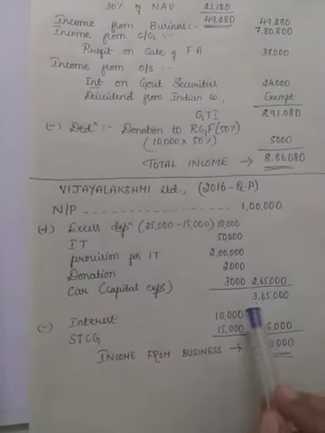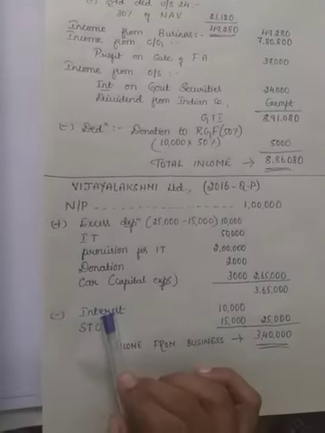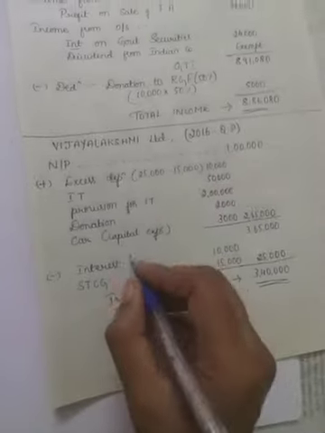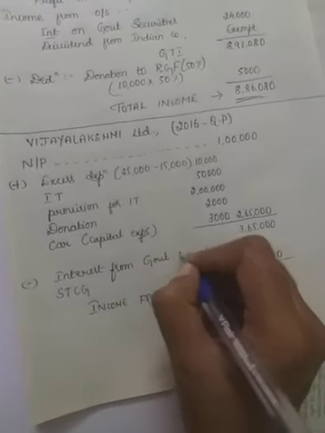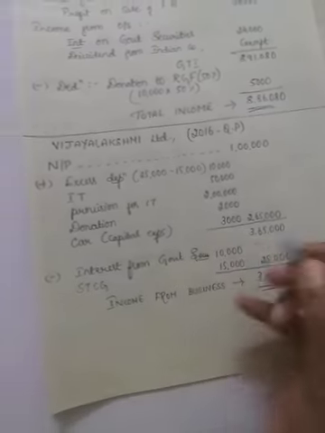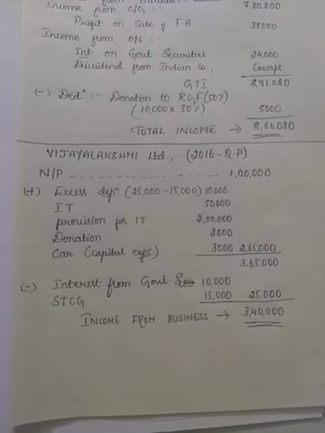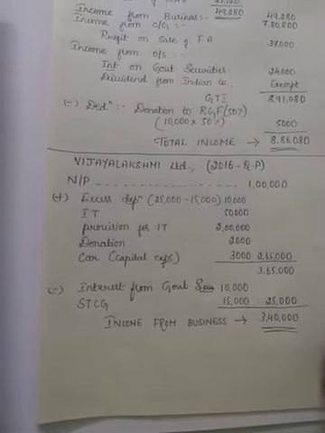So the total of all these arrives at 3,65,000, minus admissible incomes. This interest is interest from government securities, and hence 10,000 is considered. STCG is given as 15,000. So 25,000 is deducted, and 3,40,000 is the income from business.